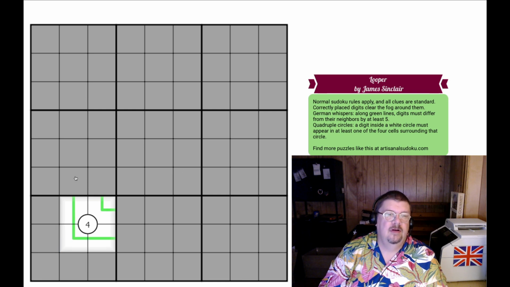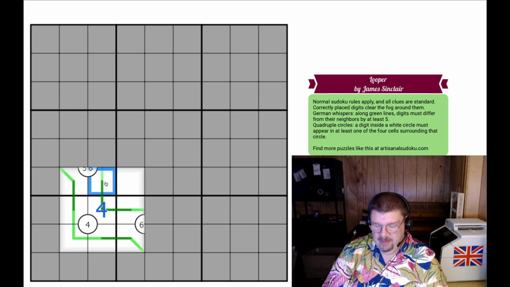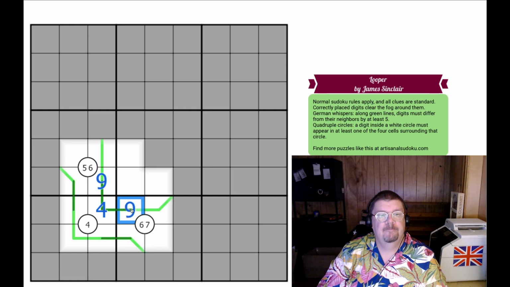Actually, I'll draw a little bit of extra green line so we can see where it goes. So I can't place a 4 in any of these 3 because there would be another 9 that it would see by Sudoku. So instead, I will place a 4 here, and then that has to be a 9, and that has to be a 9.